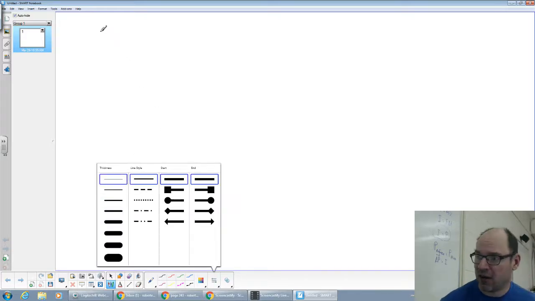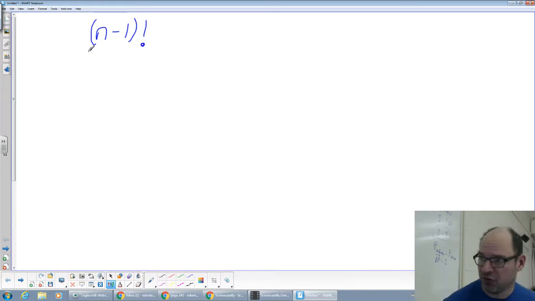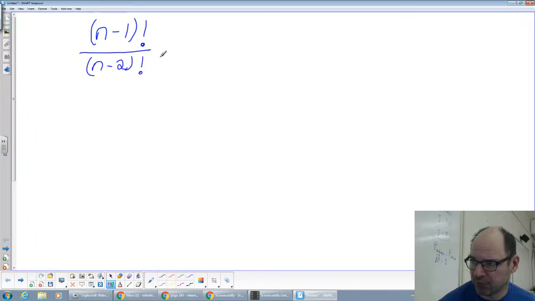So it's saying that n minus 1 factorial over n minus 2 factorial equals 8. Okay, so this is 11C we're looking at. What you've got to do is expand out this top and this bottom. You want to expand it out until it gets to this bottom number so that you can cancel.